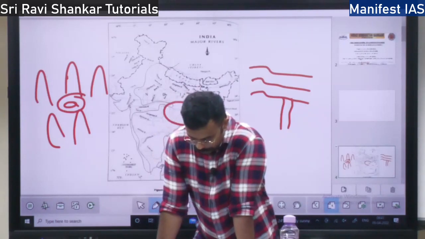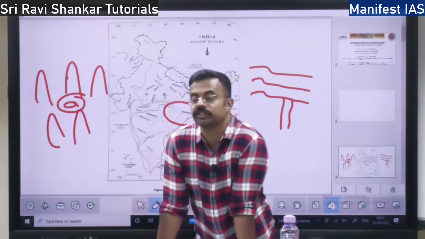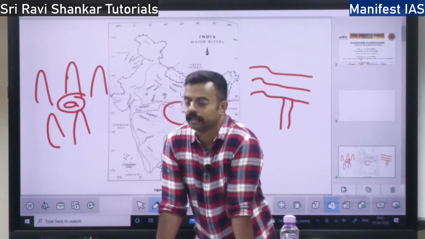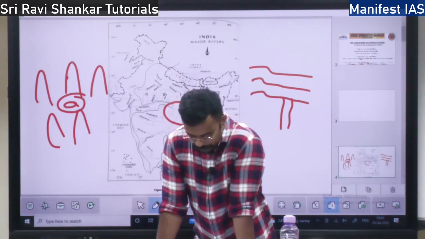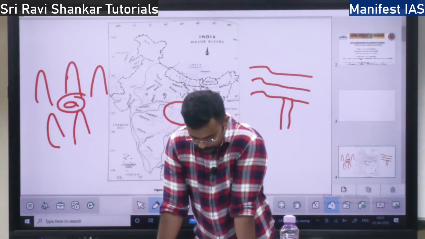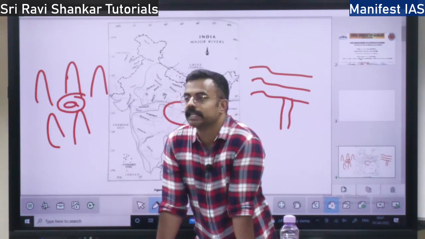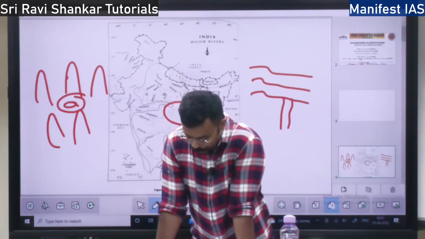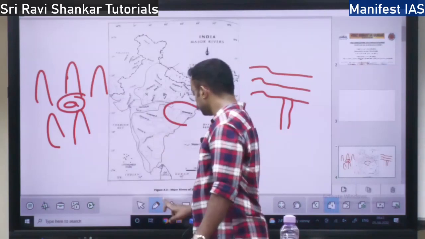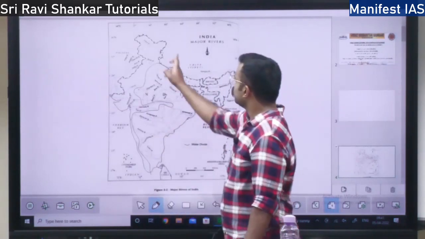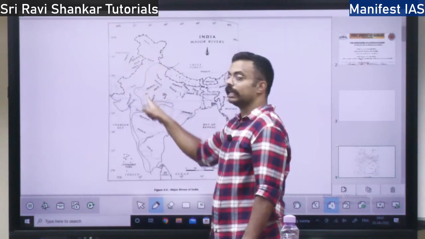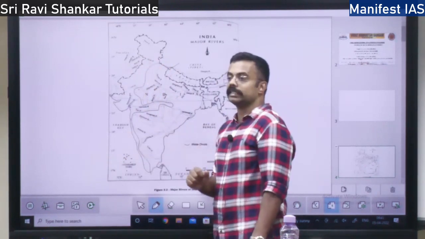Next is the division of Indian drainage. How is the Indian drainage pattern divided? It is divided into two drainage basins: one is the Arabian Sea drainage and the second is the Bay of Bengal drainage, right? So here is the map. Whatever rain falls left of this line will go into the Arabian Sea.